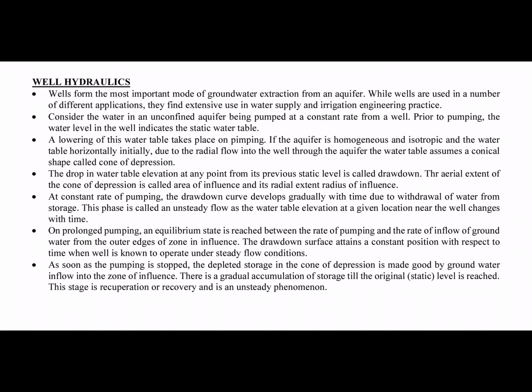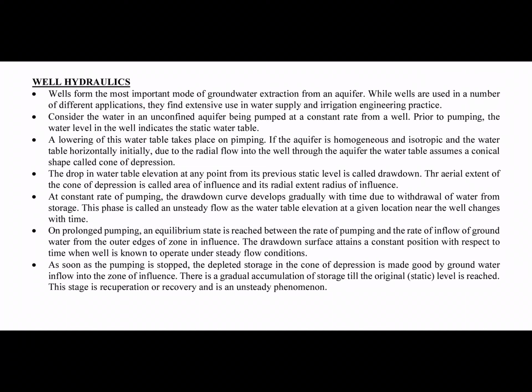For daily or small requirements of water, in villages we depend on wells, and in urban areas we have tube wells, submersible or normal motor. These are all types of well. So what we want to find is how much water we can get from a well.